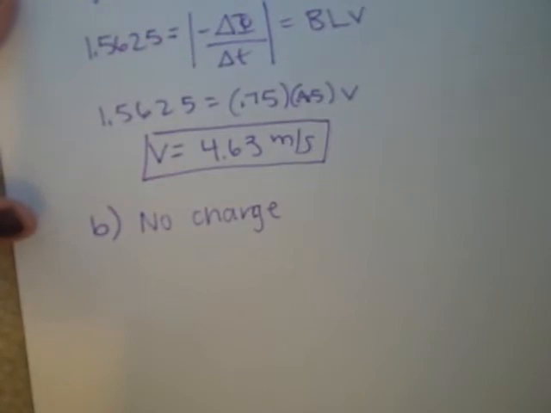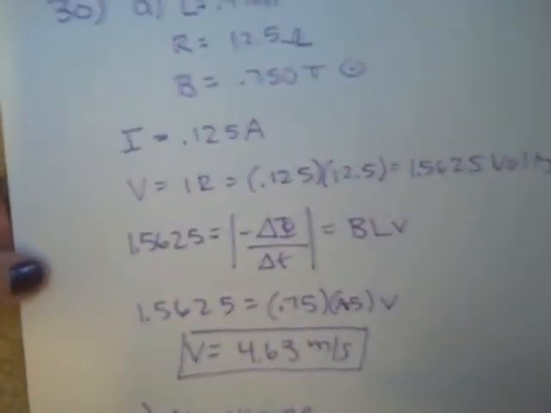And so then the last one we are going to look at is number 33. And number 33 says, suppose the mechanical power delivered to the rod in example 23-3 is 7.9 watts. And then we want to find the current and the speed of the rod.